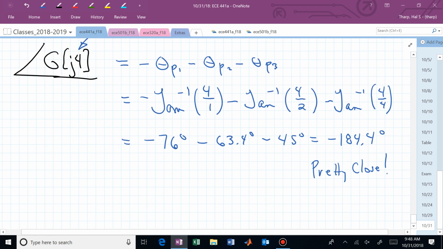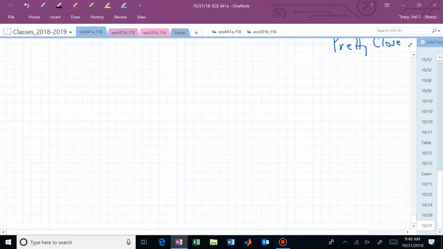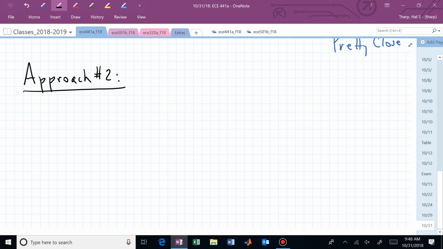How could we do this maybe even and get an actual number? Well, we could try approach number 2. And if you remember what approach number 2 was, I said your memory was better than mine. We said approach number 2 for this was maybe try the Routh array. Use the Routh array to calculate the imaginary axis crossing.